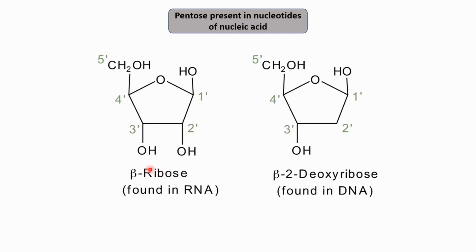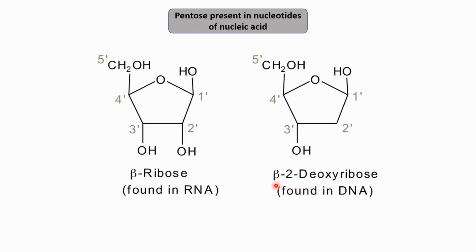Here we can clearly see the differences between the sugar molecules present in the RNA and the DNA. In the RNA, it is a beta ribose and there is a hydroxyl group present at the second carbon position. While if we look into the pentose sugar present in the DNA molecule, it lacks a hydroxyl group at the second carbon position.